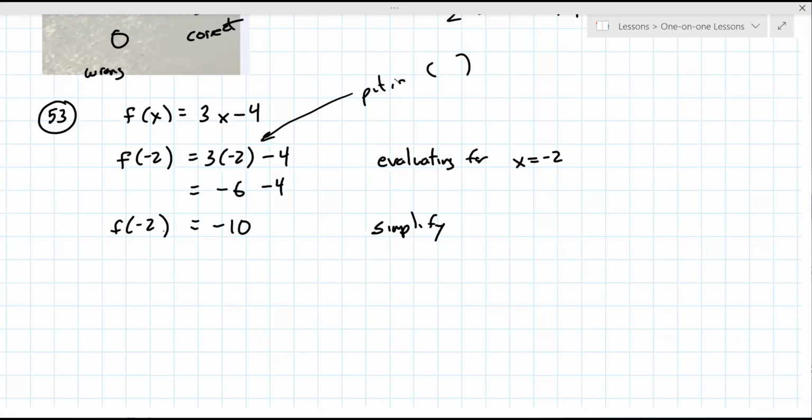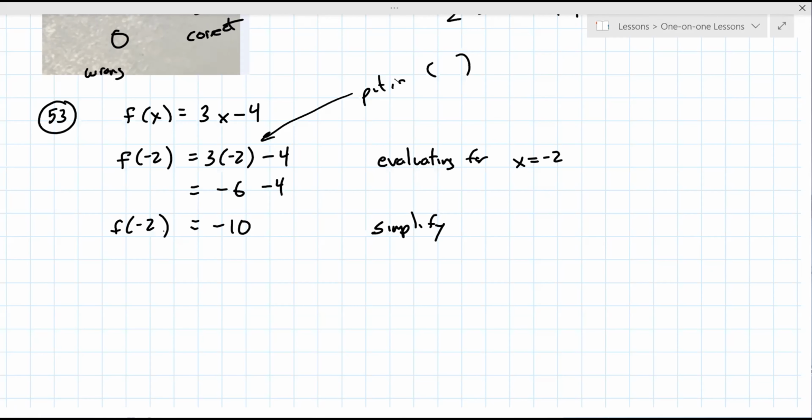Now we go on to 55. And we got f of x equals 2x squared minus x plus 3, and x equals 1. So we'll get 2 parentheses 1 squared minus 1 plus 3. 1 squared is 1. 1 times 2 is 2. 2 minus 1 plus 3.